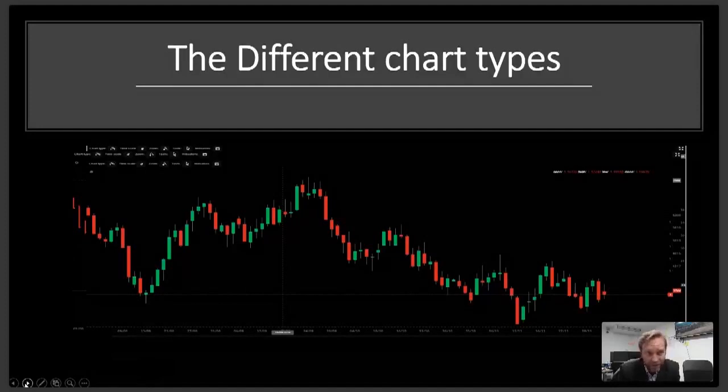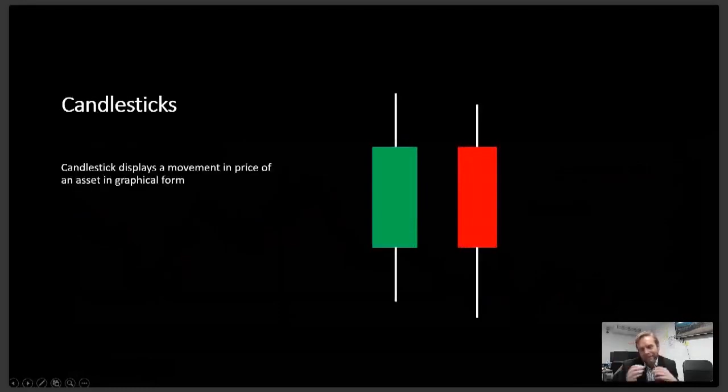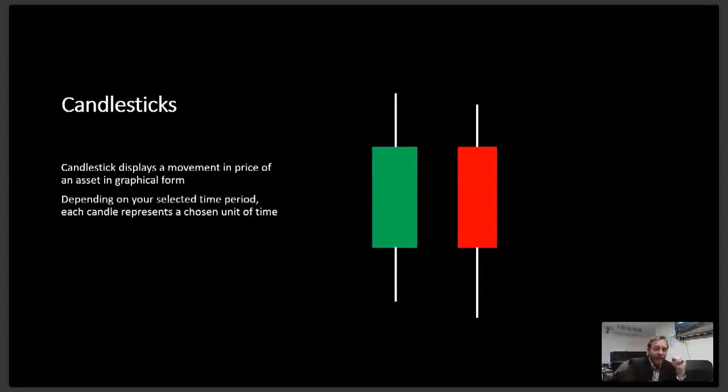And I'll tell you why that is. Candlesticks basically display the movement in price of an asset in graphical form. Depending on your selected time period, each candle represents a chosen unit of time.